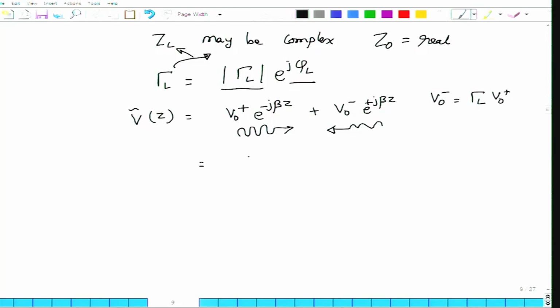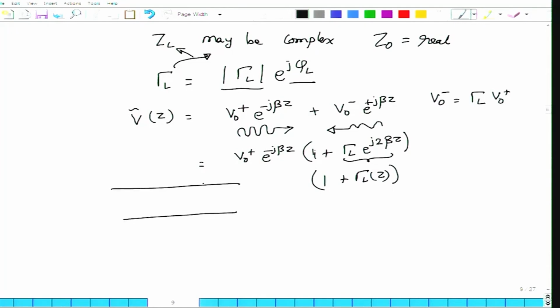I can simplify and write this as V0 plus e power minus j beta z, which I can take outside as a common factor, then I get 1 plus gamma L e to the power j 2 beta z. Further, I can denote this gamma L into e power j 2 beta z as gamma L of z, which will tell me how the reflection coefficient is varying at different points on the transmission line.